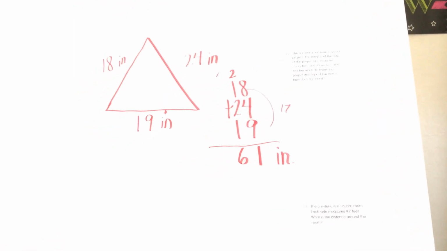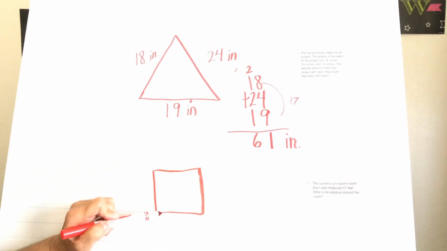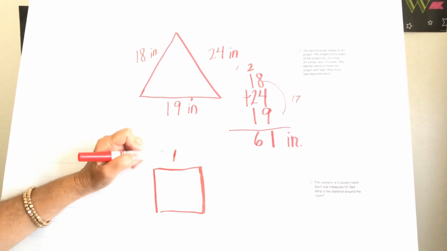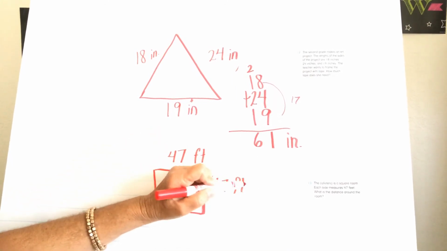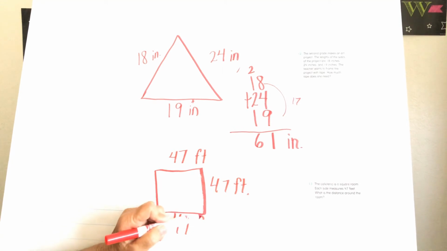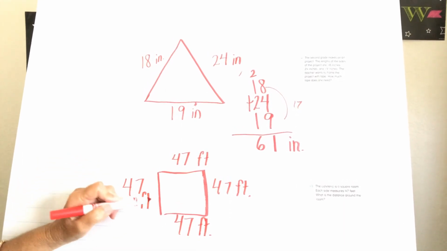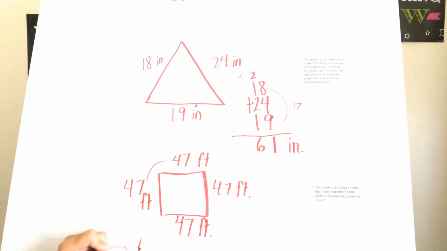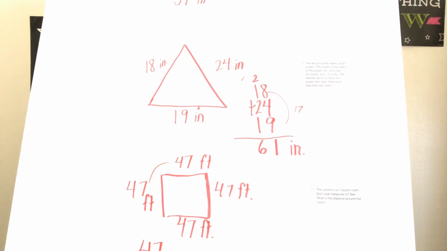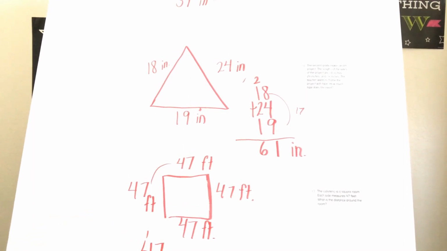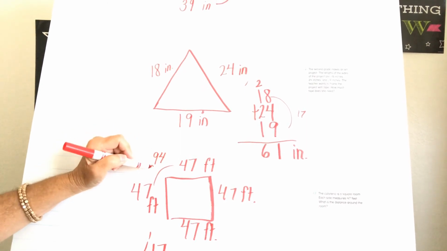All right, you guys, we're going to do 1 more. It says the cafeteria is a square room. Each side measures 47 feet. So I'm going to go ahead and add 47 plus 47. I get the answer of 94. So I know that 2 sides are 94 feet.